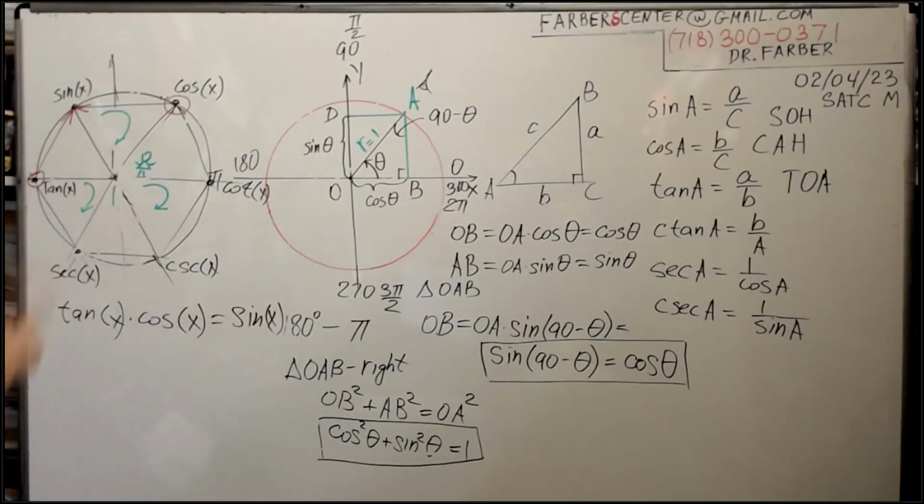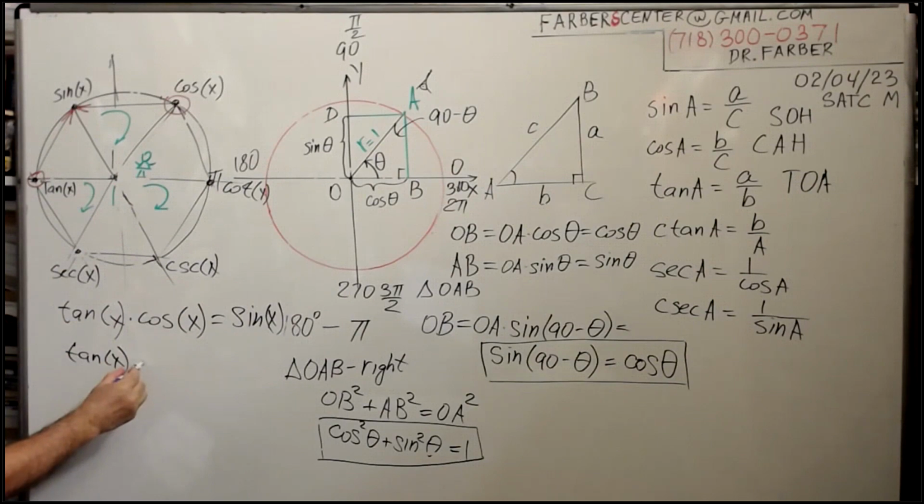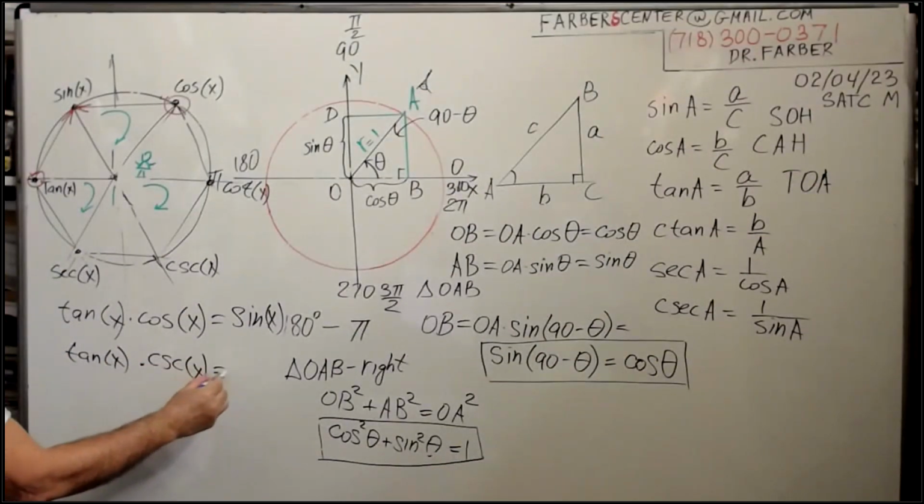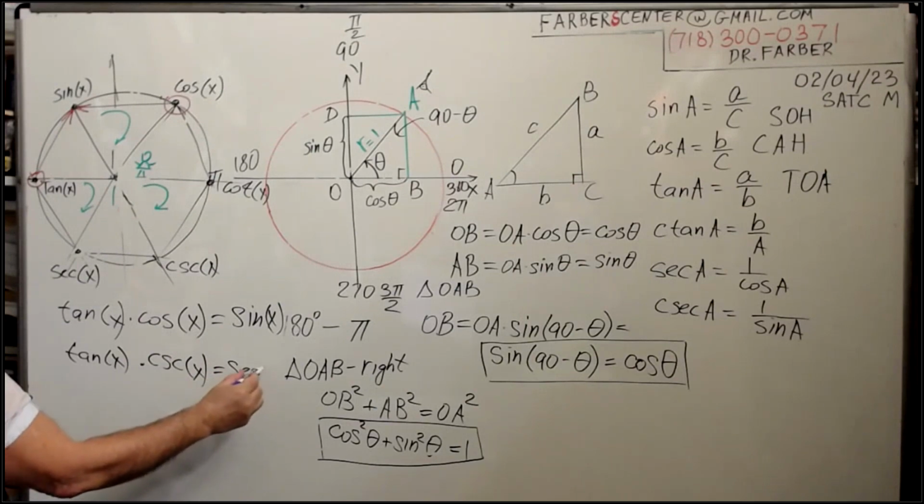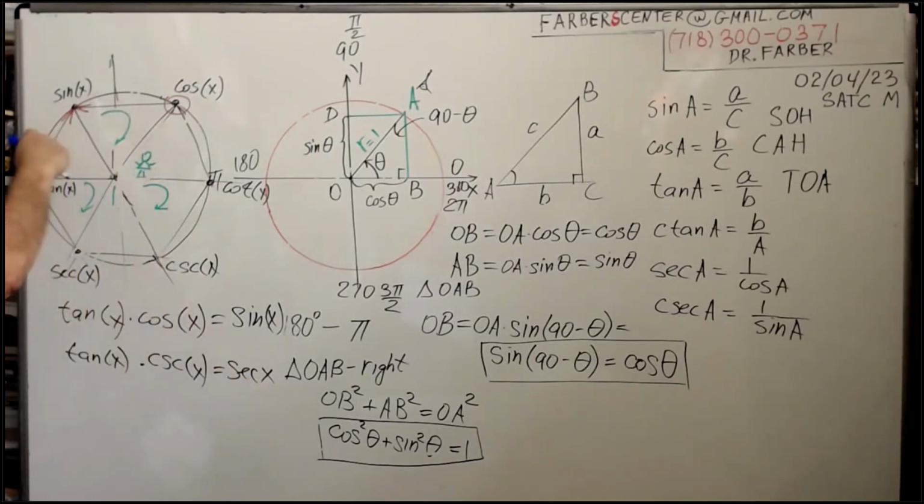It works for any vertices. Or for instance, for this one, tangent of x times cosecant x equals secant x. So if two are on different edges and one in the middle, it's the result of the product.